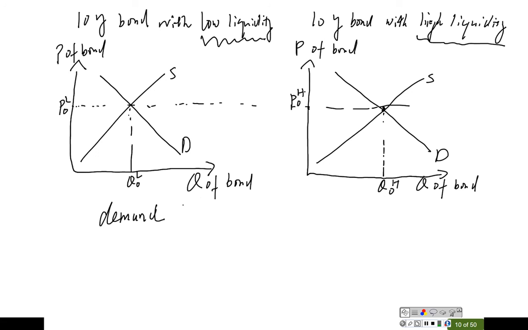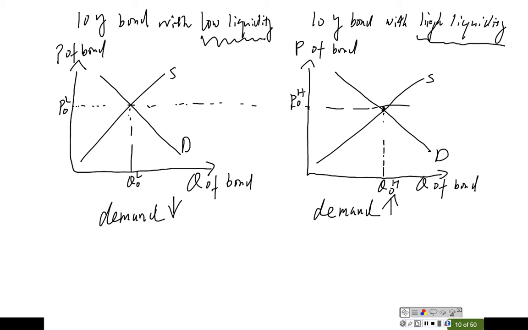We know investors don't like low liquidity, so the demand for this type of bond will go down. On the other hand, investors prefer the higher liquidity asset, so demand for this bond will go up.